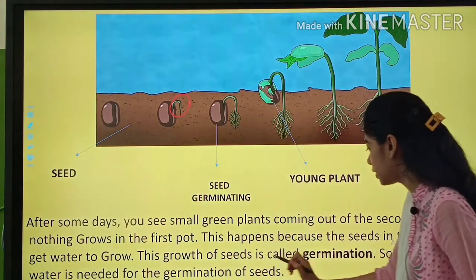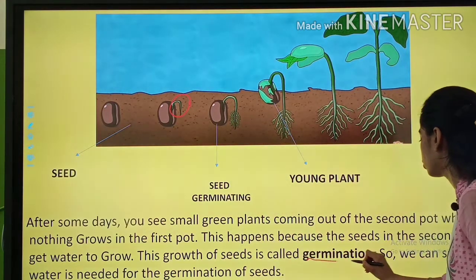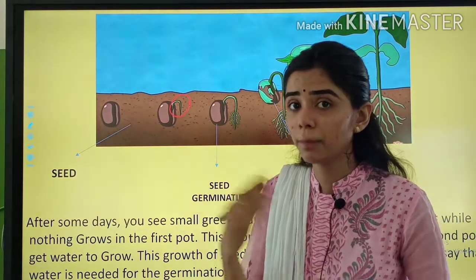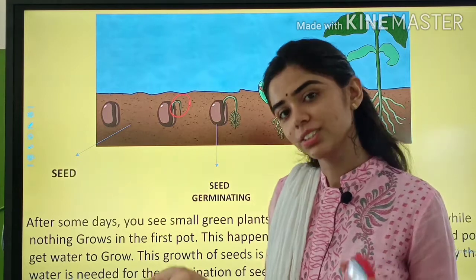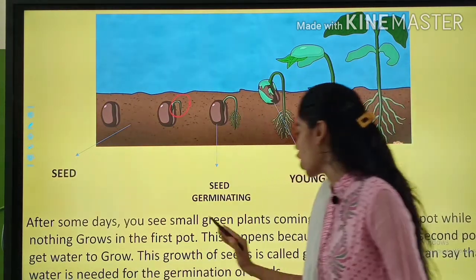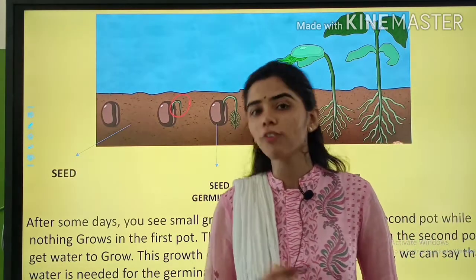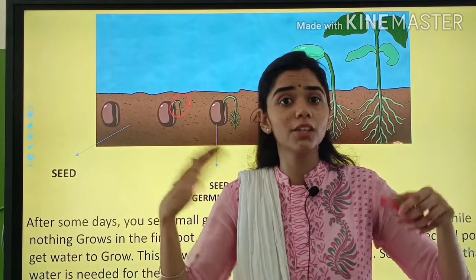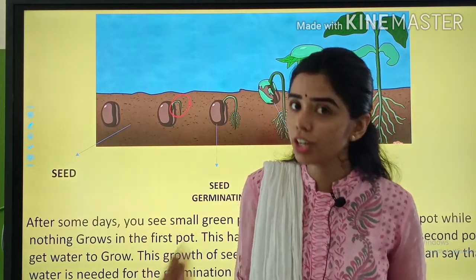This growth of seeds is called germination. Very important, students. Germination process. So we can say that water is needed for the germination of seeds. Without water, the seeds will not grow or germinate.